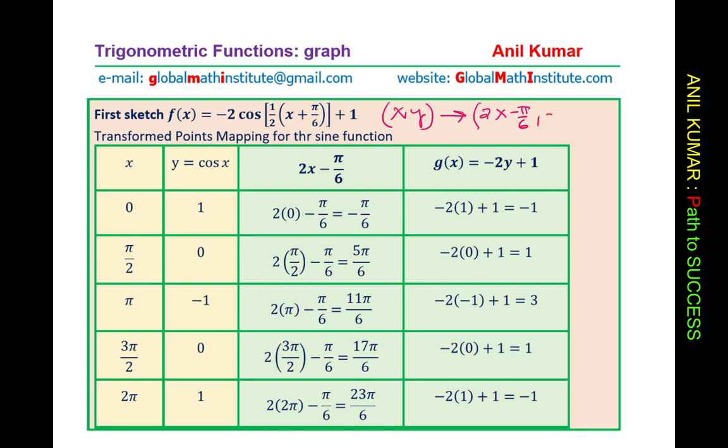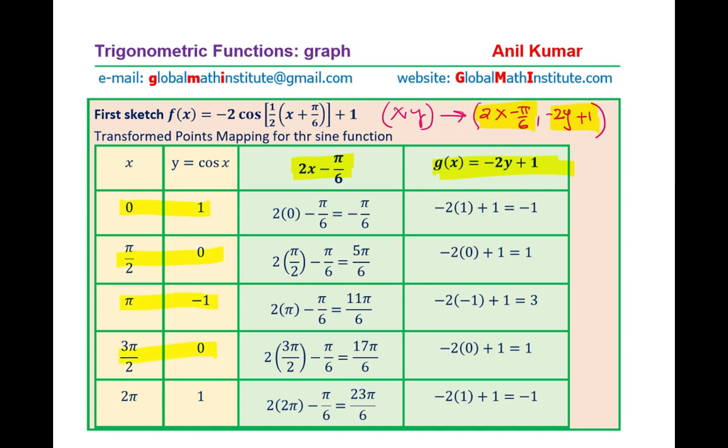The y values were multiplied by minus 2 and then we added 1. So as you can see, these are the x transformed points and these are the y transformed points. The calculation is done starting with maximum, going to axis, minimum, axis, maximum. And once you do that, you get these particular points which are from minus 1 to 3, right?